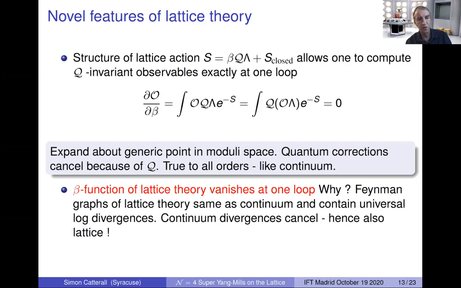And because they're only at worst log divergent, those logs are universal and common to the continuum, because they come from regions of momentum space where p is going to 0, and all of those lattice propagators become continuum-like propagators as p goes to 0. So in fact, the divergences cancel for the same reason they do in the continuum. And so this is a remarkable, strongly interacting lattice theory with vanishing beta function. It's just kind of an amazing thing.